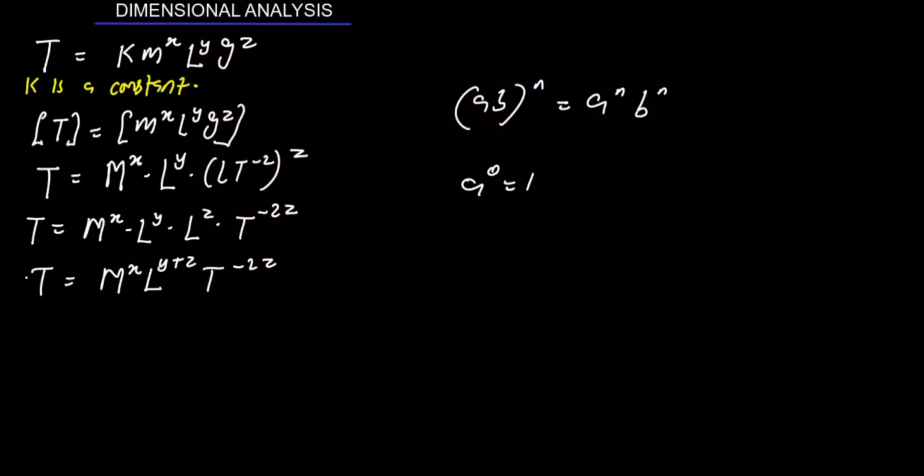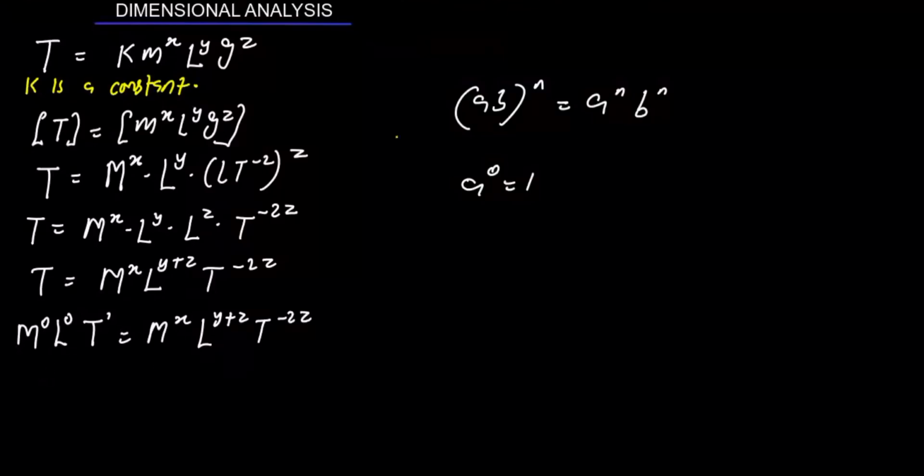I can rewrite it as M to the power of 0, L to the power of 0, then T raised to power 1. M raised to power 0 is 1, L raised to power 0 is 1, and 1 times T still gives T. So I'm not changing anything. I'm writing this because I want the left hand side and right hand side to resemble one another.